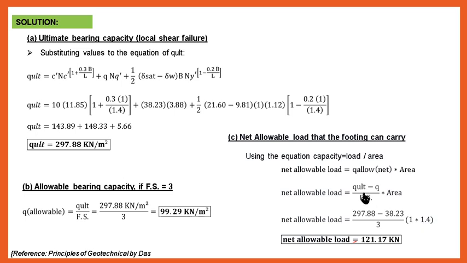So, our ultimate bearing capacity is 297.88 minus our Q, 38.23, over Fs, times the area, which is 1 times 1.4. So, our net allowable load is equal to 121.17 kilonewton. So, that's the answer for problem number 3.